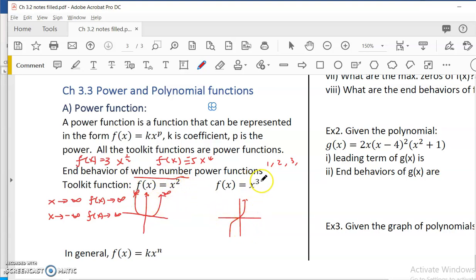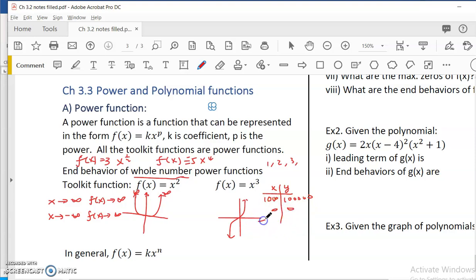But in the x cubed function, it doesn't bend, because if you consider a table of values, when x is very big, say 1000, and you cube it, it's still positive, really, really big, 100 million. When x is 0, it's 0.